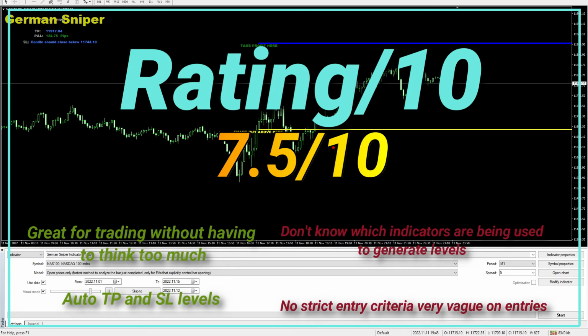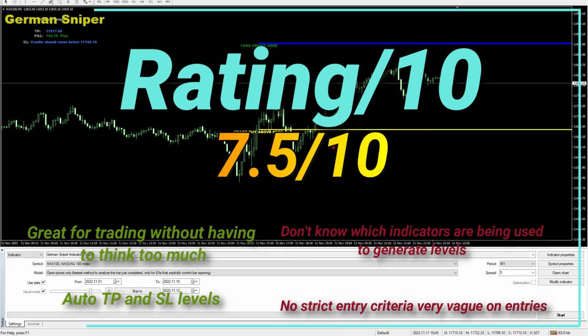It is beginner friendly and also not beginner friendly, so it's a little bit misleading, but anyone can just apply this to the chart and use it. So even if you were just using it based on what it's telling you, you still might make a bit of a profit, since the win rate when using it blindly is 50%.